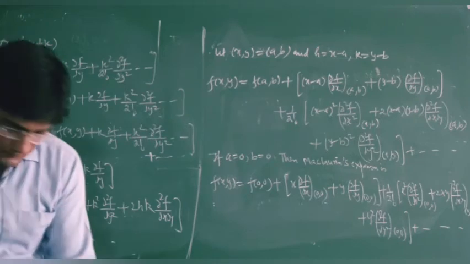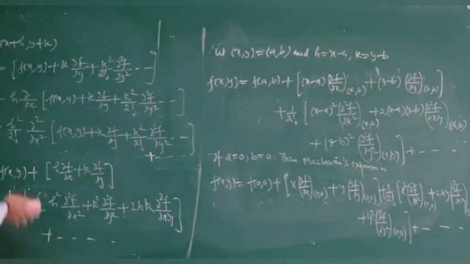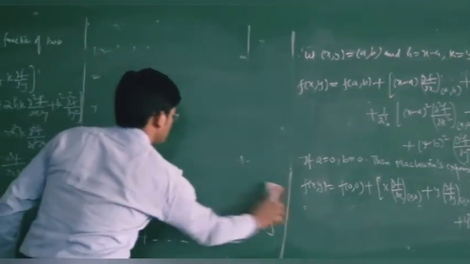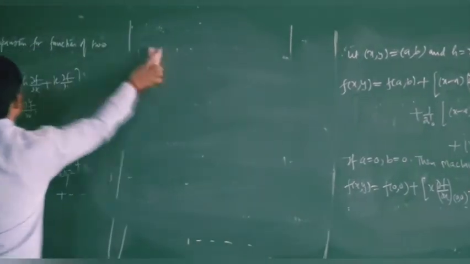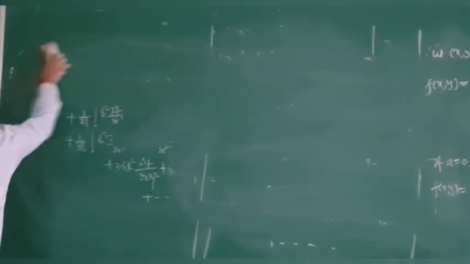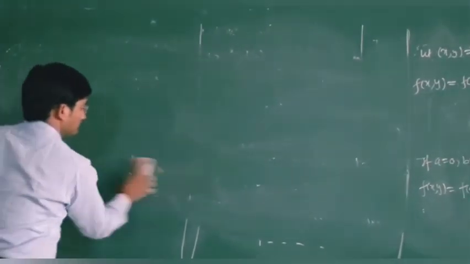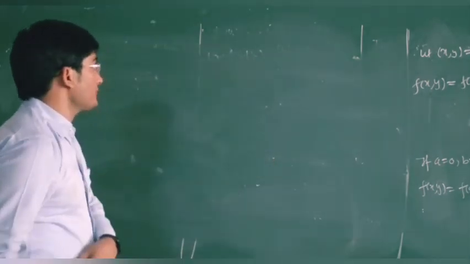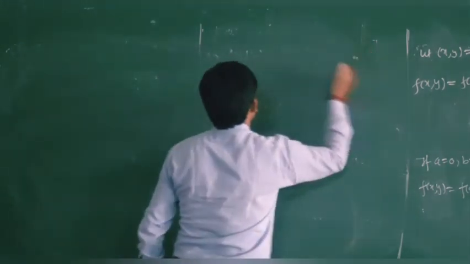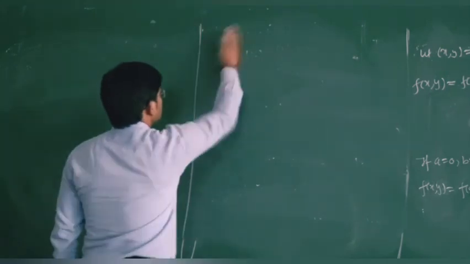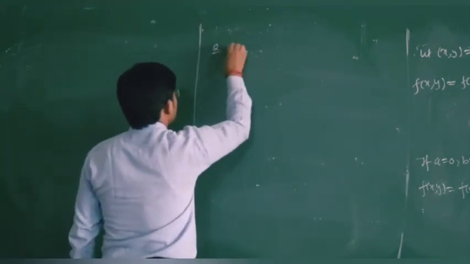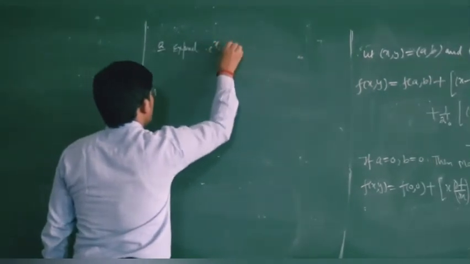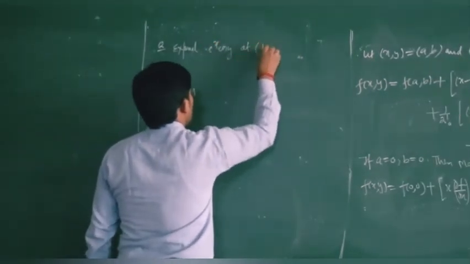So the first question is expand e to the power x into cos y at the point 1 comma pi by 4.